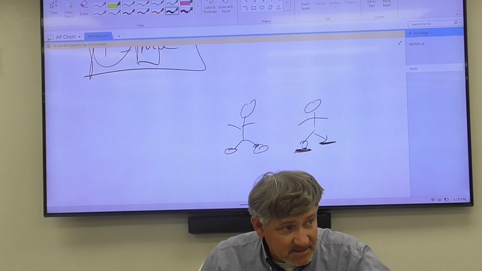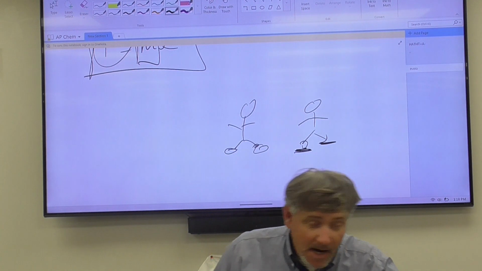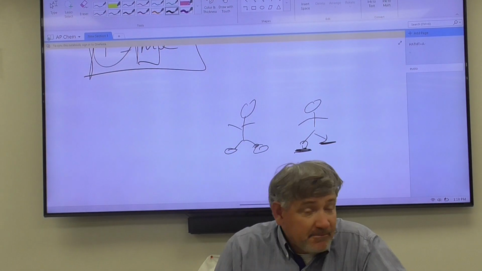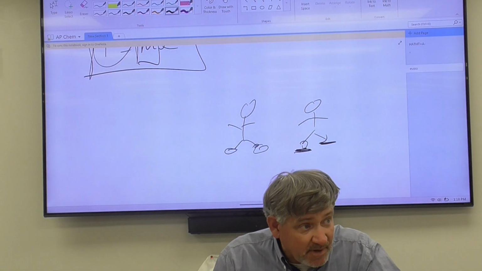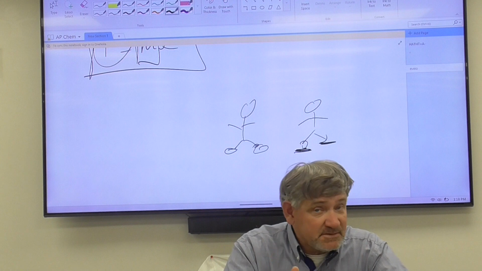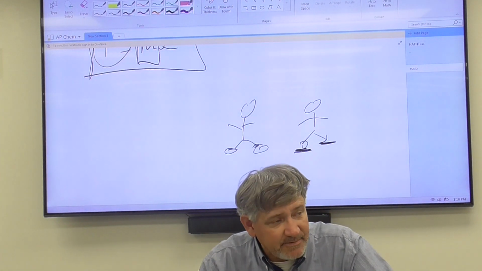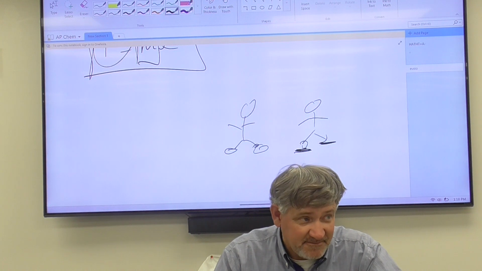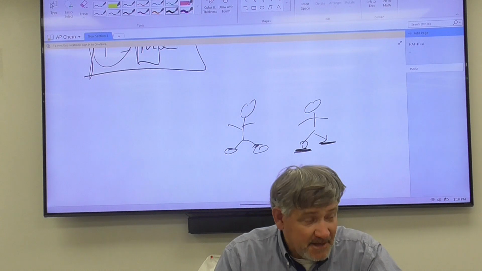I'm in cotton socks. I try and push off, what's going to happen? I'm not going to have as much frictional force, right? So if I don't have as much frictional force, what's going to happen to my acceleration? You're not going to be able to accelerate. Yeah.